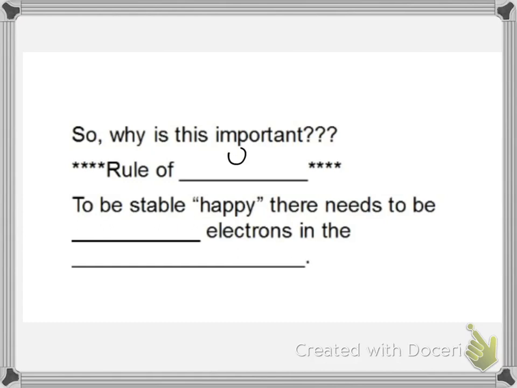Now, why is this important? Here's why it's important. Because of the rule of 8. I want you to think about the rule of 8 when we talk about valence electrons. To be happy, there needs to be 8 electrons in the valence shell. That's the reason why, when you watch these video clips, they'll say that some of them are not found in nature alone.